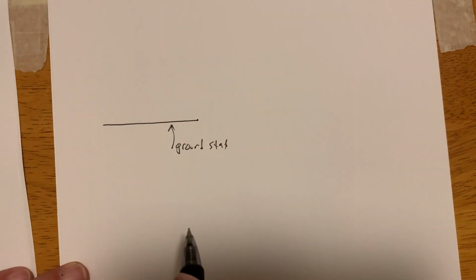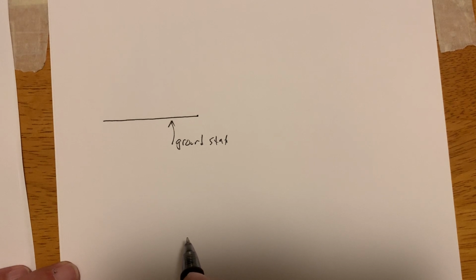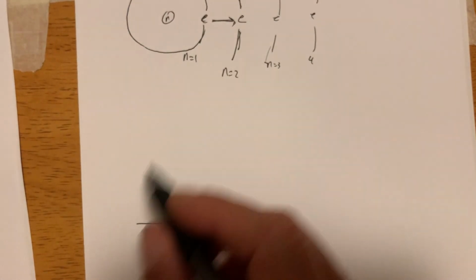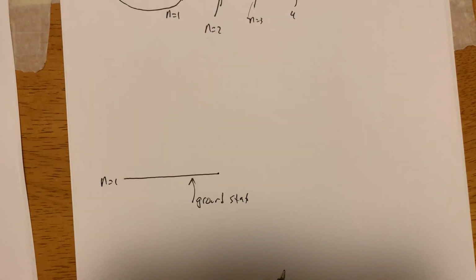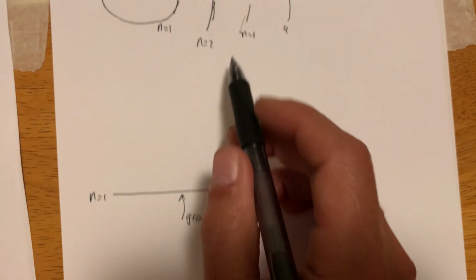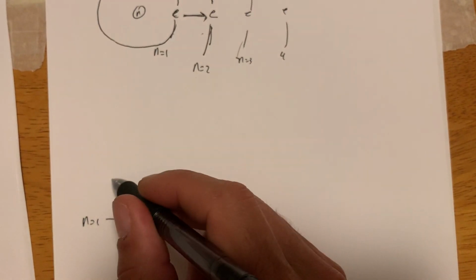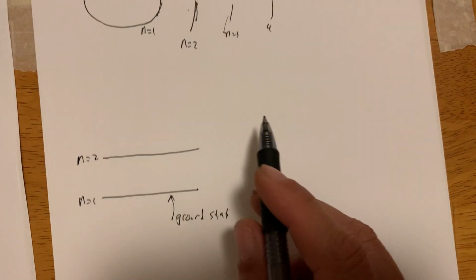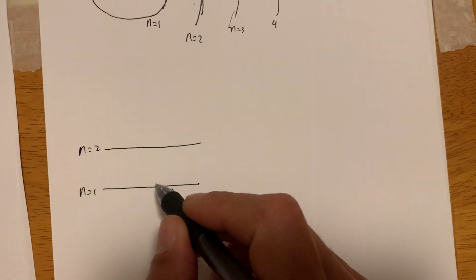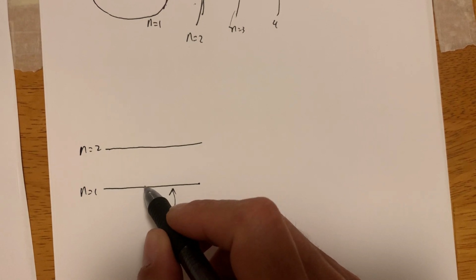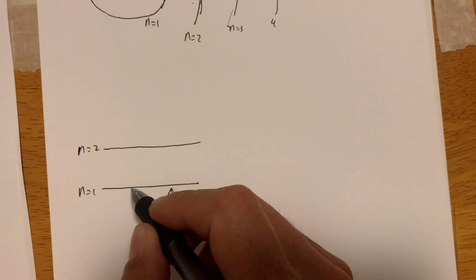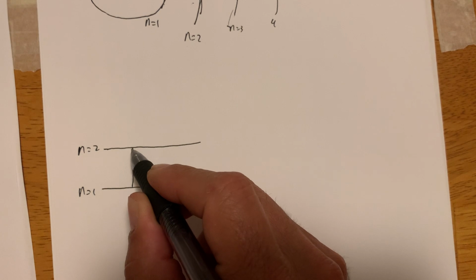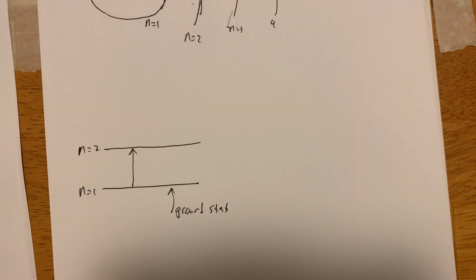That's where my electron would be, n equal 1. That's where it wants to be. However, suppose I gave it some energy and I kicked it up to n equal 2. So I could get this electron at the ground state to move up to n equal 2.